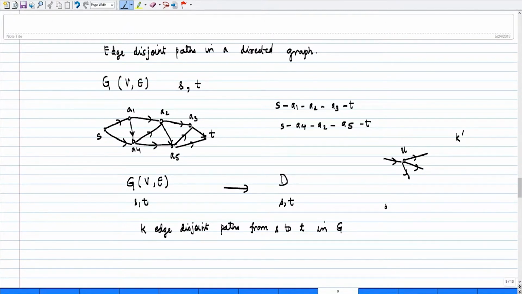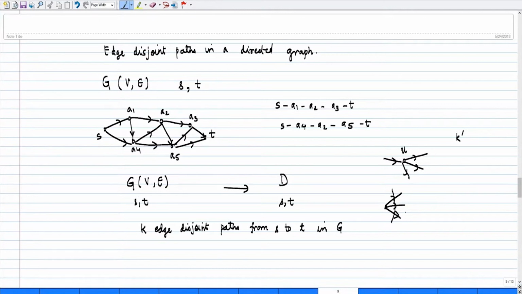What about the value of the flow? The value of the flow is defined as the sum of the flow which goes out of S minus the sum of the flow that comes into S. Since these are edge disjoint paths from S to T, we know that there must be exactly k outgoing edges for which we had set a flow value equal to 1, and again the value of the flow must be exactly equal to k.